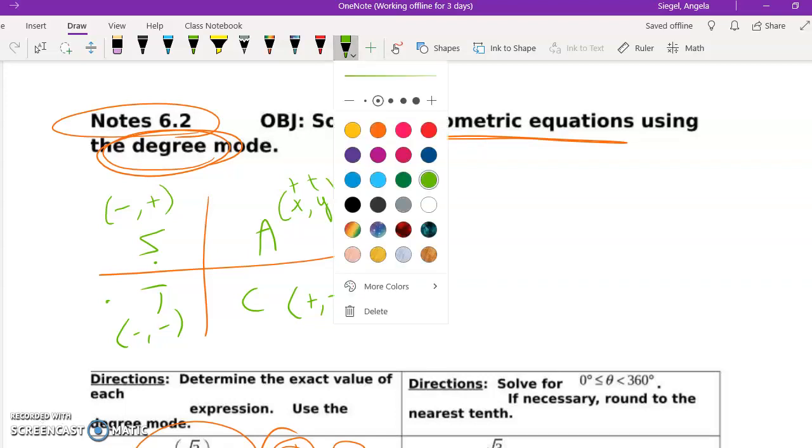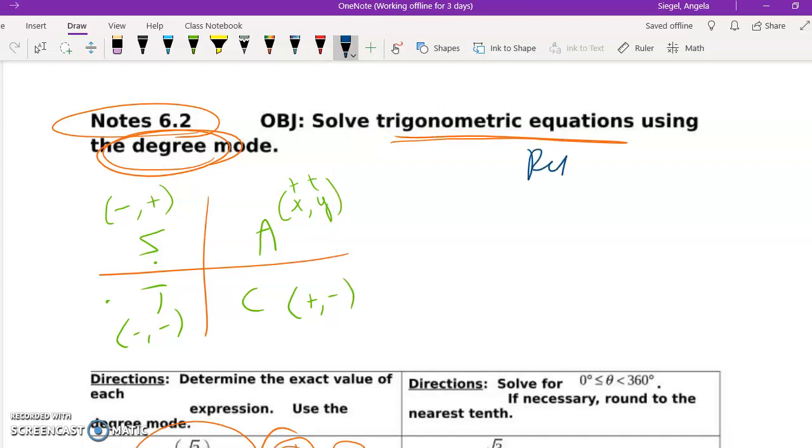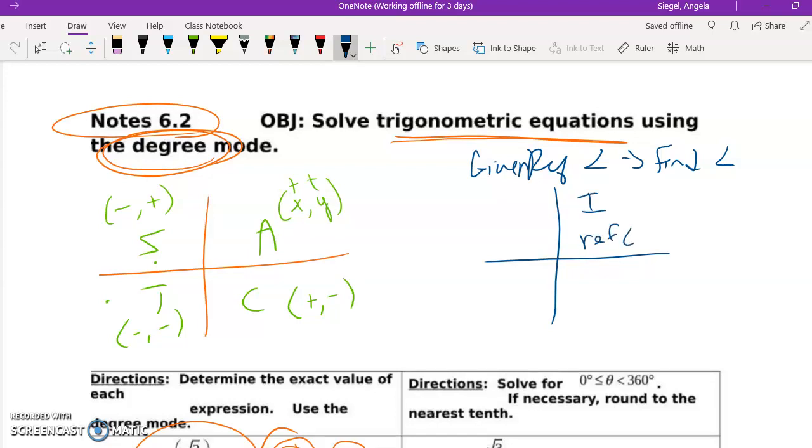The next thing I want to do is talk about reference angles. If you're given a reference angle, so we know the reference angle, and now we have to find the actual angle. So take that into consideration: I'm not finding the reference angles. In quadrant 1, don't forget that if you have the reference angle, you actually have the angle.